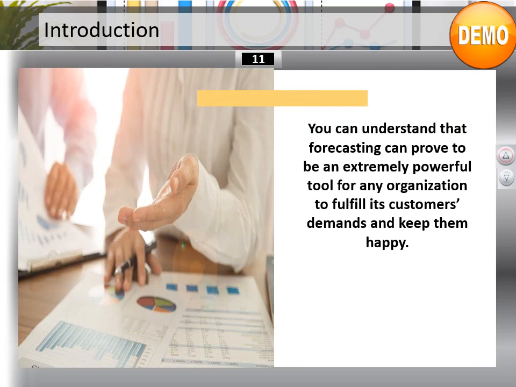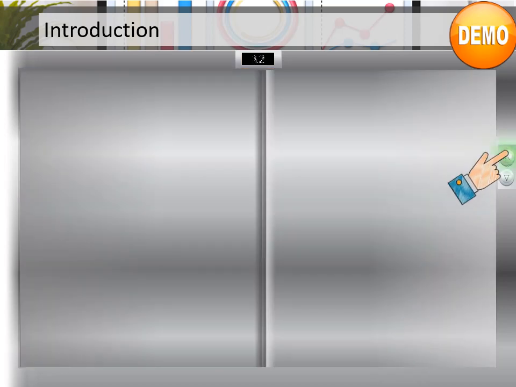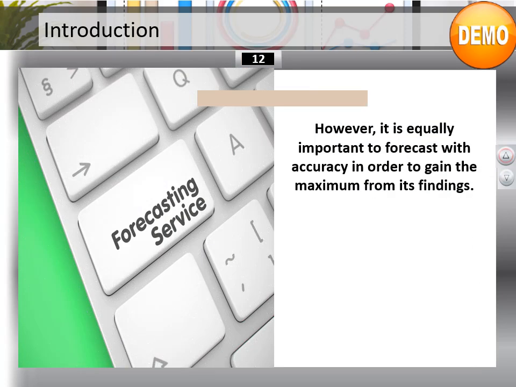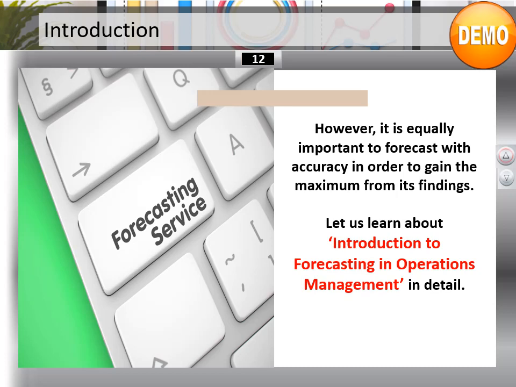You can understand that forecasting can prove to be an extremely powerful tool for any organization to fulfill its customers' demands and keep them happy. However, it is equally important to forecast with accuracy in order to gain the maximum from its findings. Let us learn about Introduction to Forecasting in Operations Management in detail.